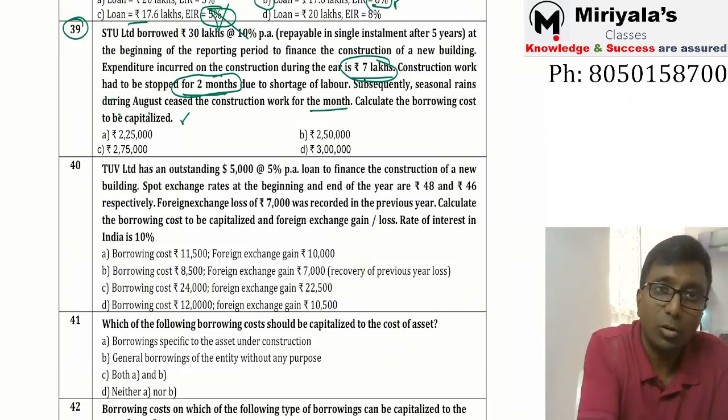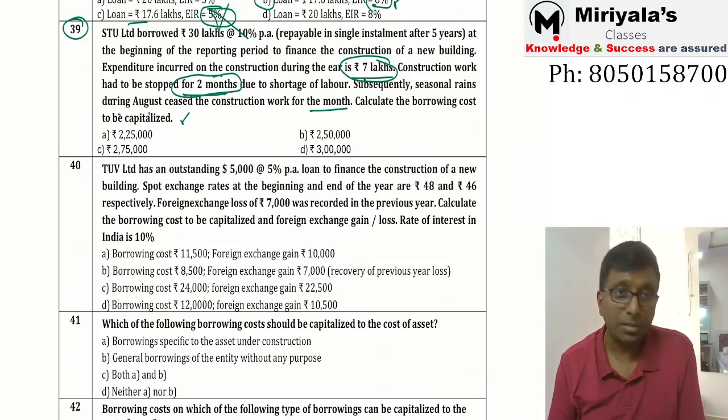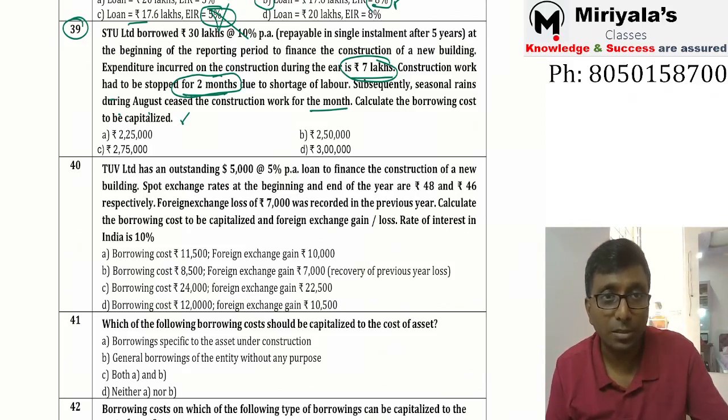But out of the 12 months, 3 months you are not utilizing. So 3 lakh divided by 12 into 9 should be 225, that is the answer.